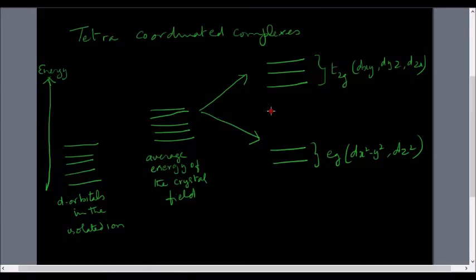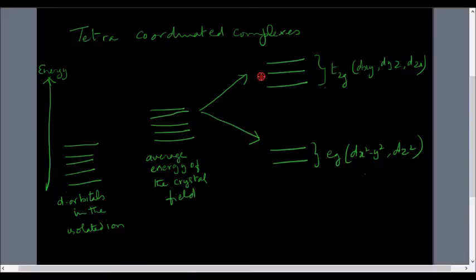In the diagram, you can see the crystal field splitting for the tetra-coordinated complexes. You see two major differences here. One is that the t2g orbitals have higher energy than the eg orbitals. Look at that. So these three orbitals dxy, dyz and dzx forming the t2g set have higher energy, and the other two forming the eg set have lower energy.